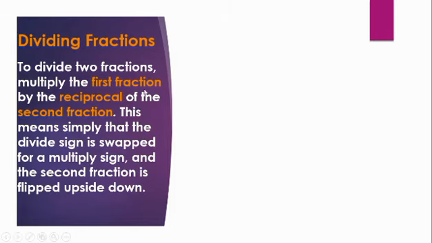To divide two fractions, multiply the first fraction by the reciprocal of the second fraction, or you can flip the second fraction upside down. This means simply that the divide sign is swapped for a multiply sign, and the second fraction is flipped upside down.